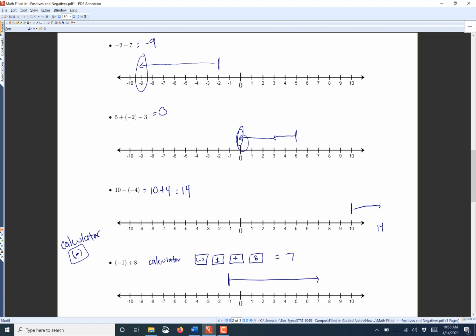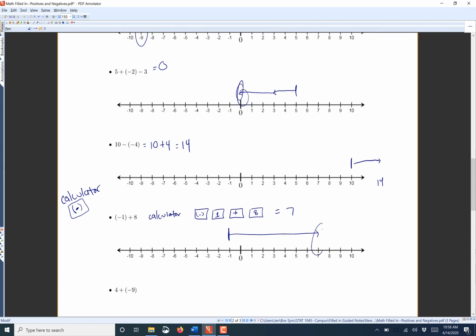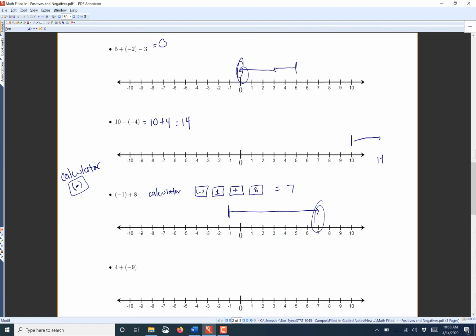So this equals 7. My next one, 4 plus -9. In my calculator, I would have 4 plus, and then I have to do that negative sign, -9. So we're at 4, we're adding a -9, which means we actually go down 9: 4, 5, 6, 7, 8, right here to -5.